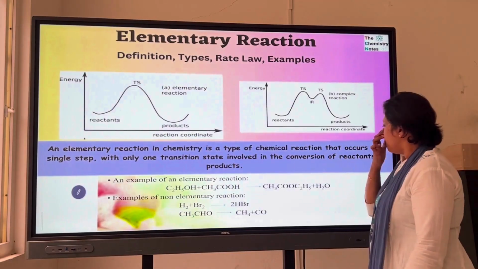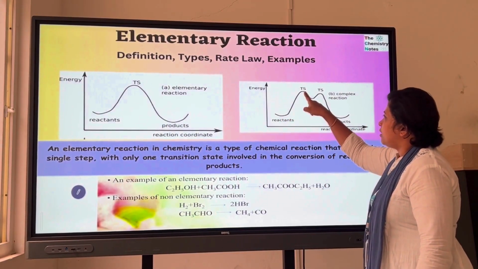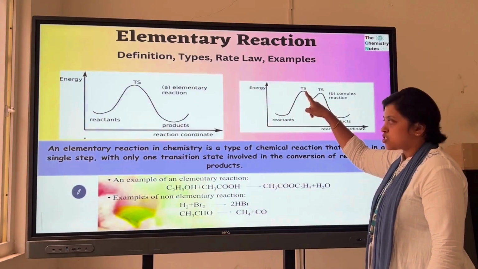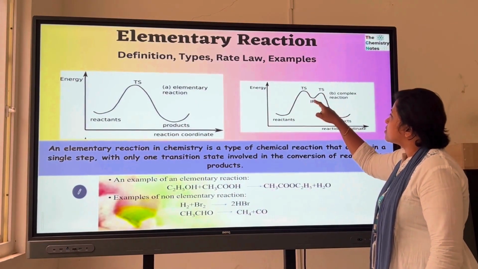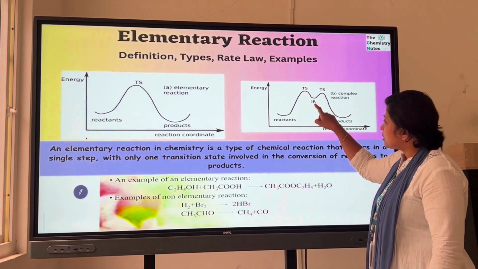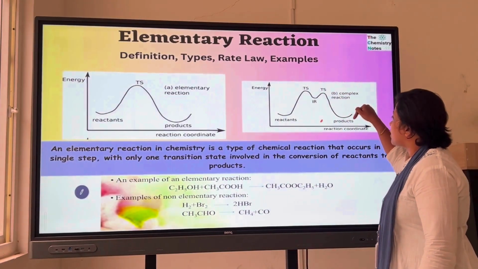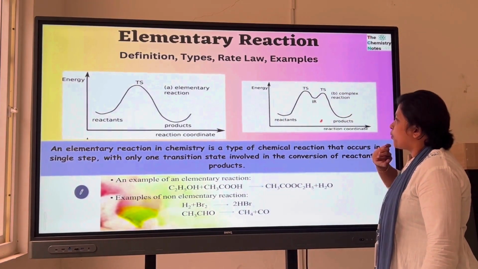In the non-elementary reaction, this is the reactant. It reaches the activation energy, but in the middle an intermediate occurs. This intermediate again reaches the activation energy, and only then does it convert into the product level.